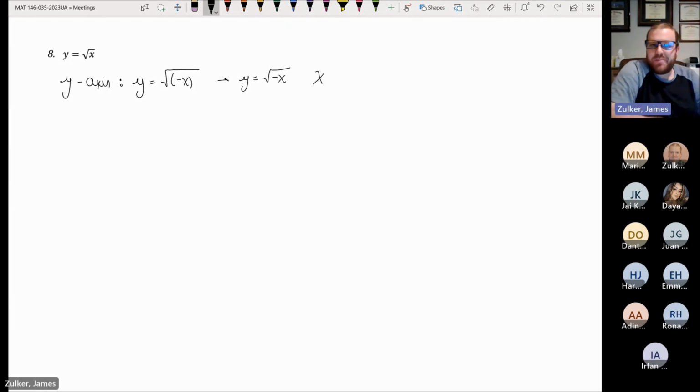They are not the same relation. Keep in mind, square root of negative x is defined.